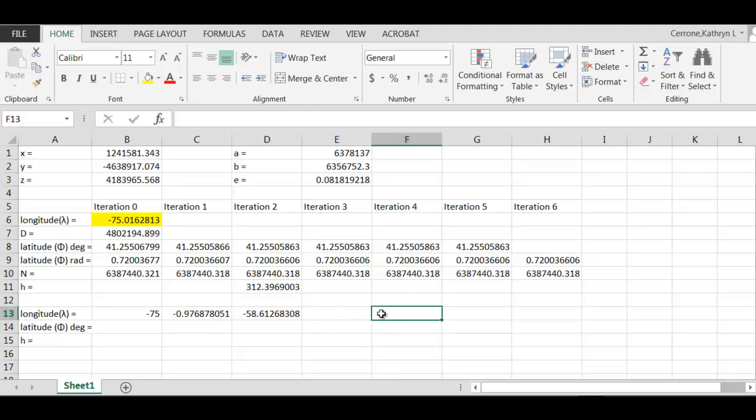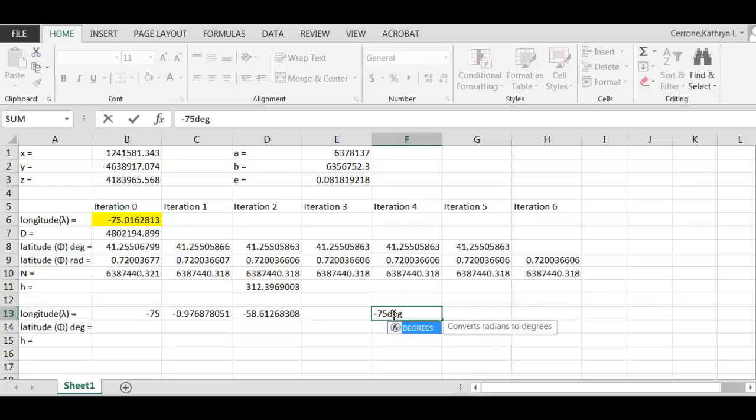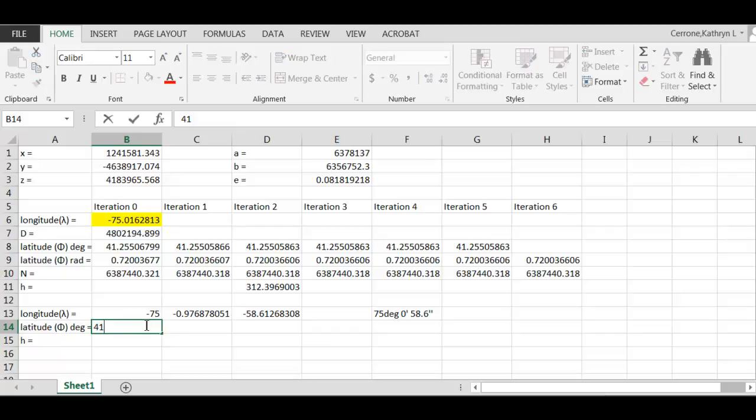So our longitude here is 75 degrees, 0 minutes, and 58.6 seconds. They're all negative here because this was negative 75. So if you want to put that together, negative 75 degrees, we don't have that symbol, 0 minutes, and 58.6 seconds. Similarly for our latitude, we have this 41 here, so we know it's going to be 41. Then again, we would take whatever that number was, subtract off our 41.